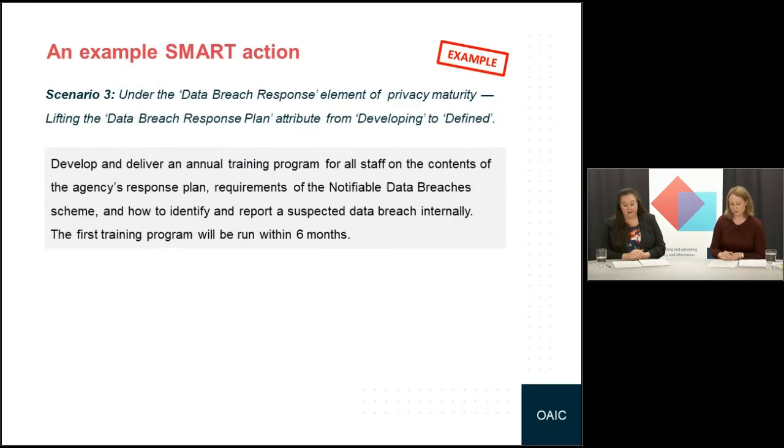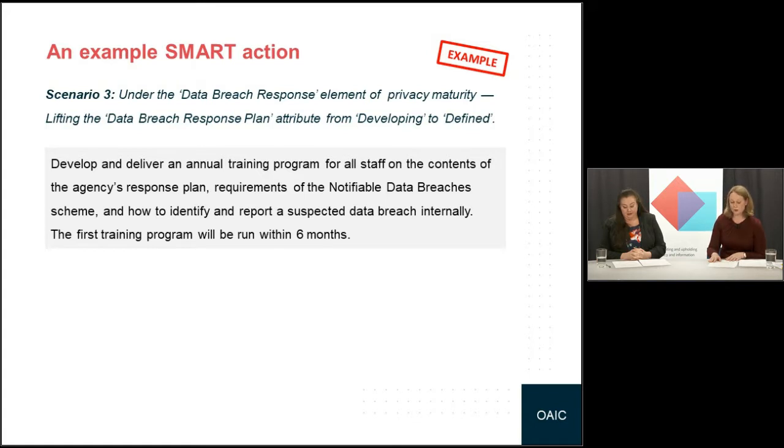So a final example. In this scenario, an agency wants to lift their data breach response plan maturity level from developing to defined. To do that, they will develop and deliver an annual training program for all staff on the contents of their response plan, requirements of the NDB scheme, and how to identify and report a suspected DBN internally.